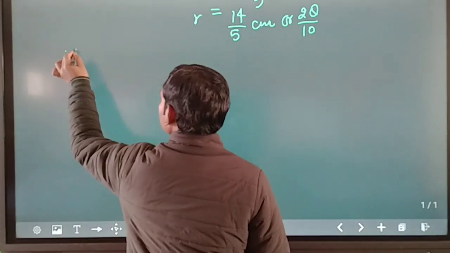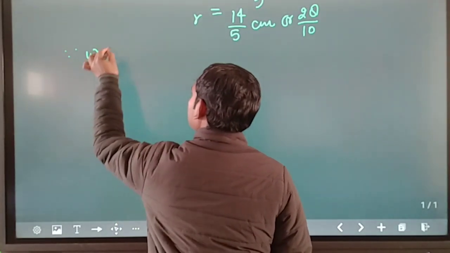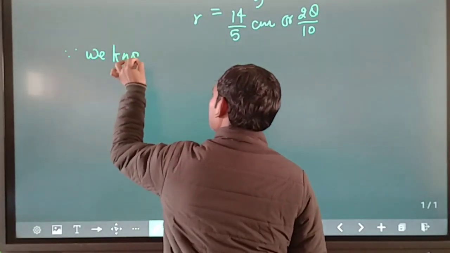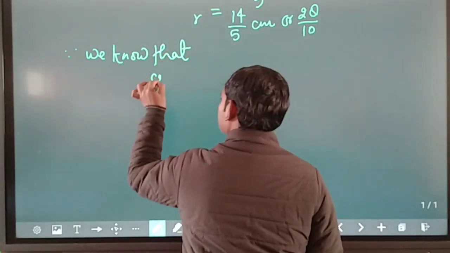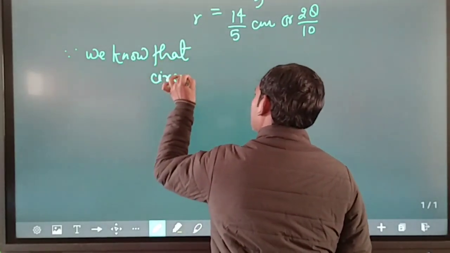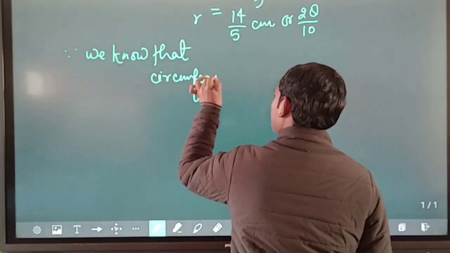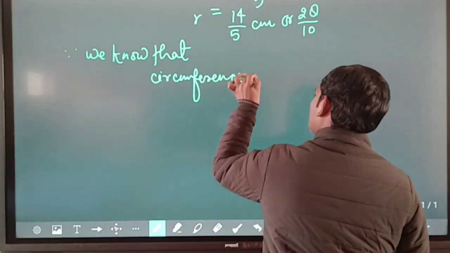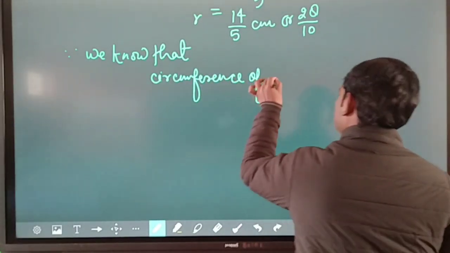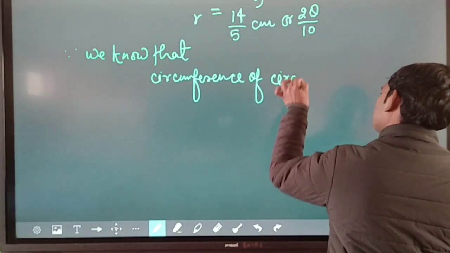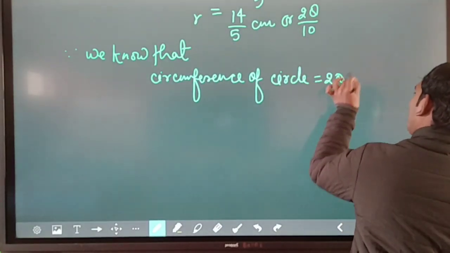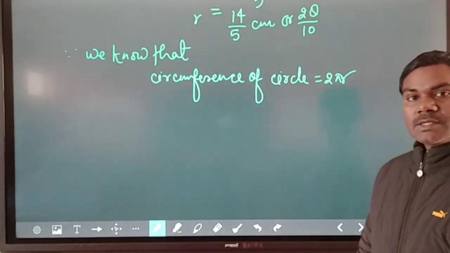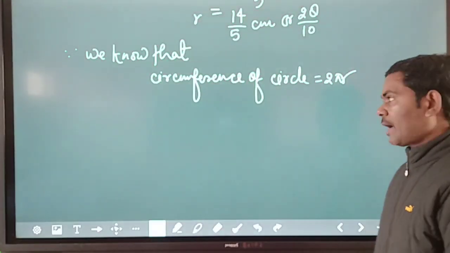Since we know that the circumference of a circle is given by 2 pi r.